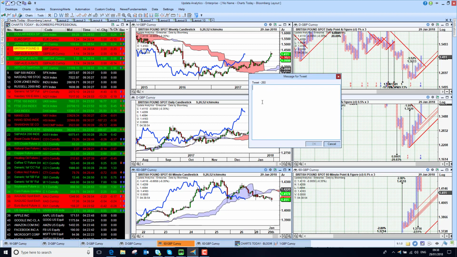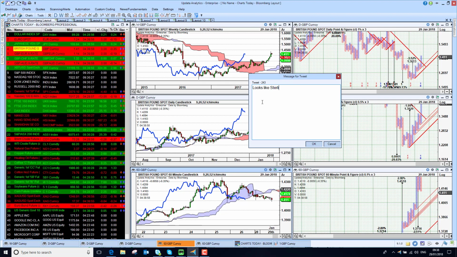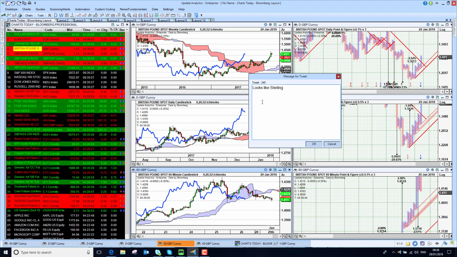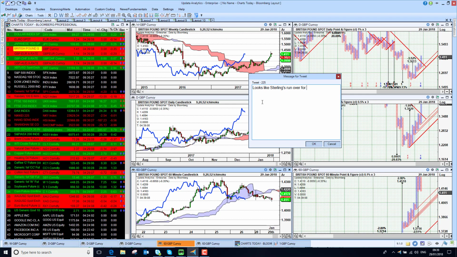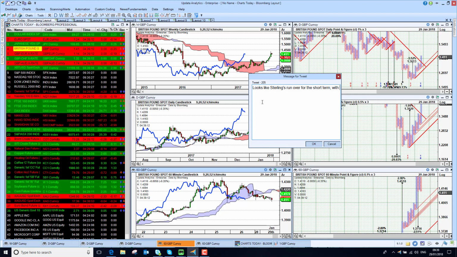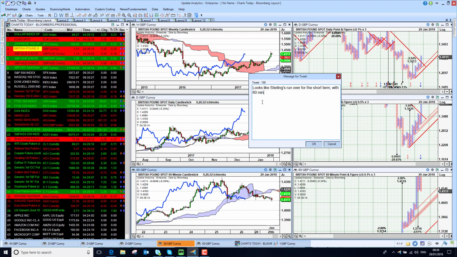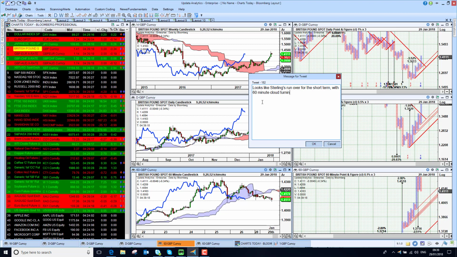You've got your characters. You say looks like sterling's run is over for the short term with 60-minute cloud turning bearish.